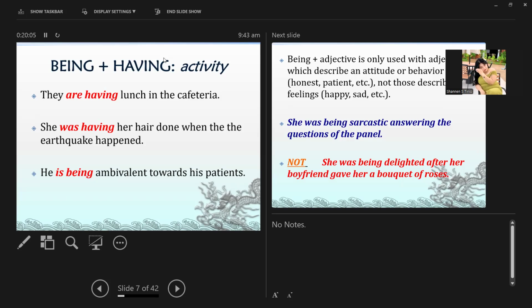They express an action. Okay? So if you're going to write down your sentences, pwede nyo ipa-check sa akin later. Tapos sulatan nyo na lang ng being plus having activity on the top so that I can identify what your sentence is about.